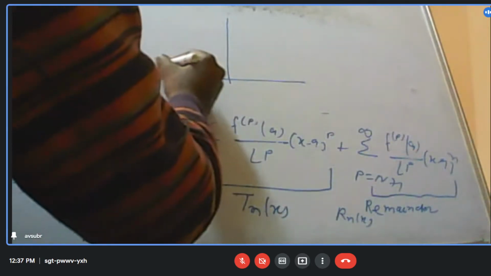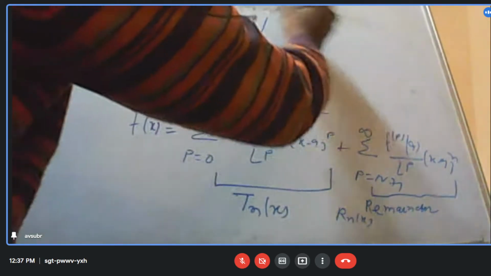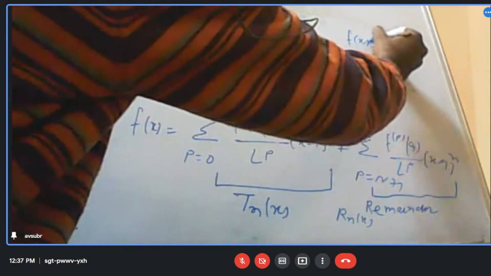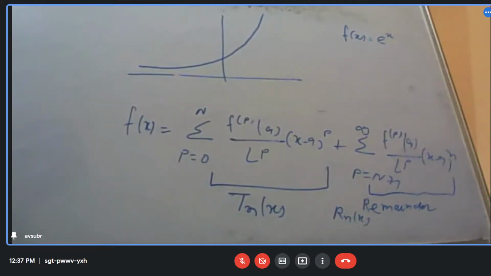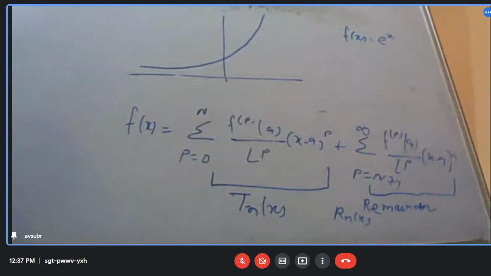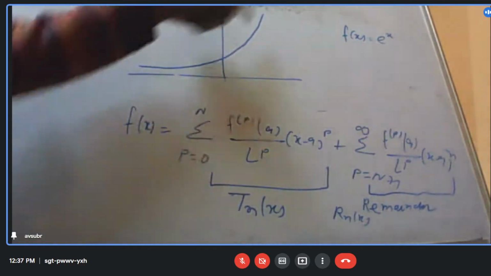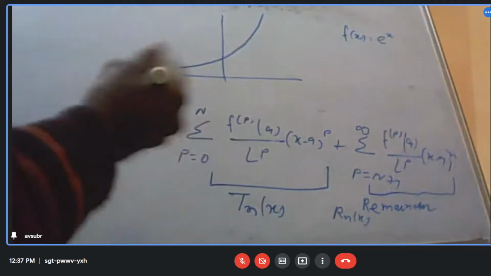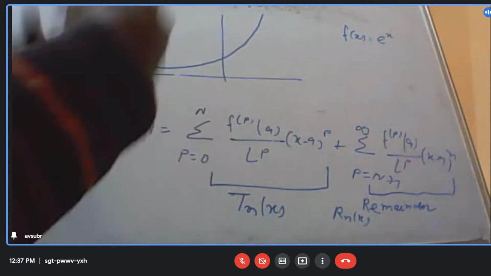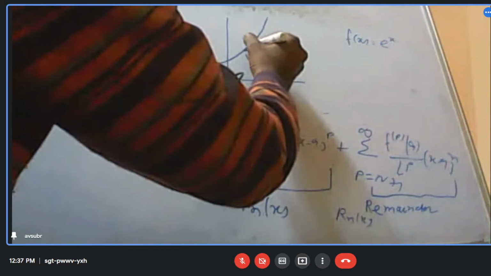So now if I am having a function, let us say f, and it is e to the power x, and that function e to the power x is given like this. This is an exponential function. You know it very well. Let us choose a point, let us say x equal to 0. That is the most convenient, or any other point we can take.